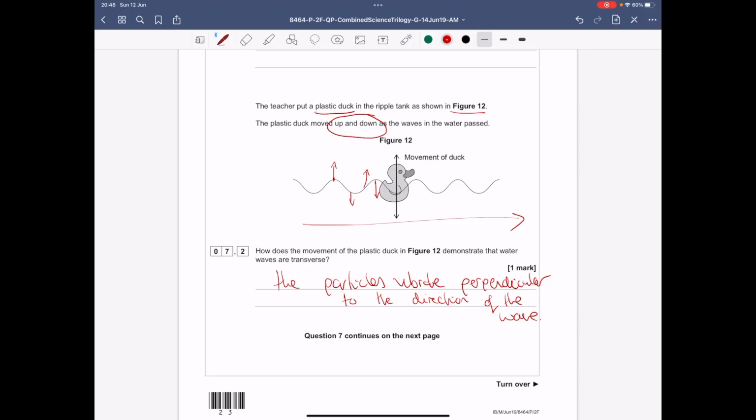Now, because it is at the end of the paper, so it's quite a medium demand question, you can't just get away with saying the duck is moving up and down. That's not detailed enough. You need to remember the key language, that the particles vibrate perpendicular to the direction of travel. Remember, if it was a longitudinal wave, they vibrate parallel to the direction of travel.